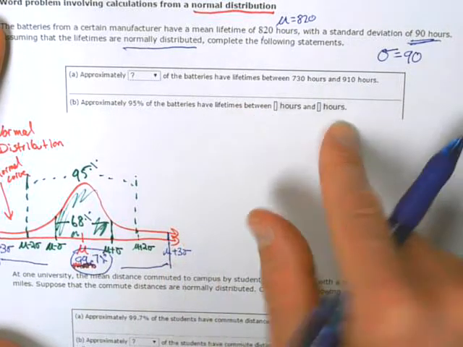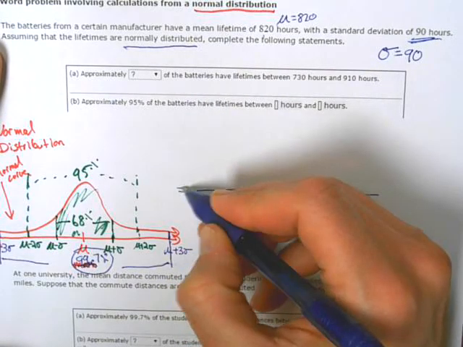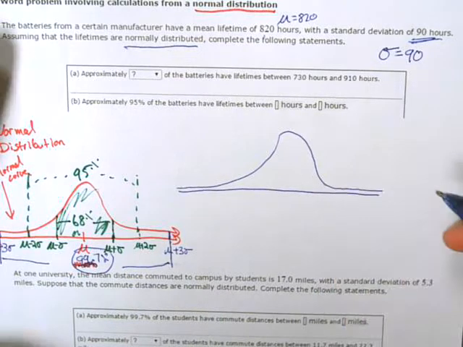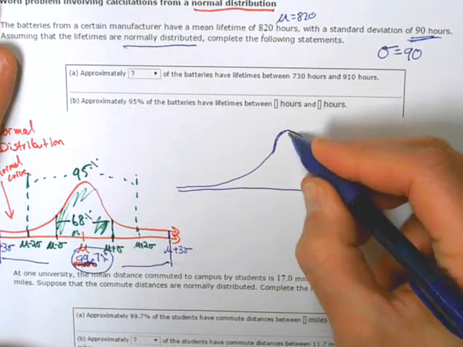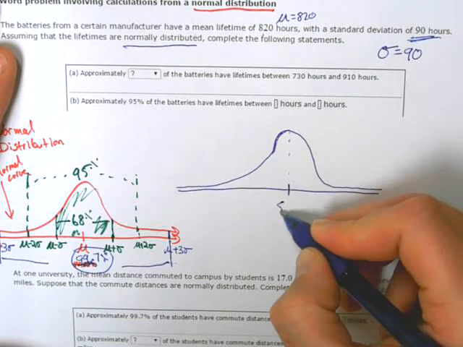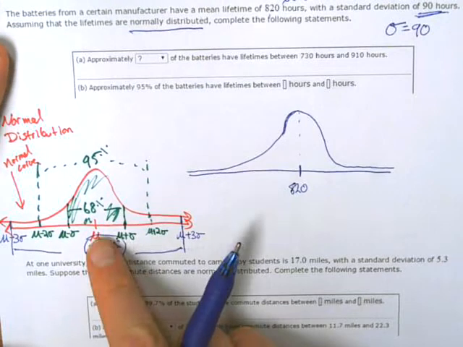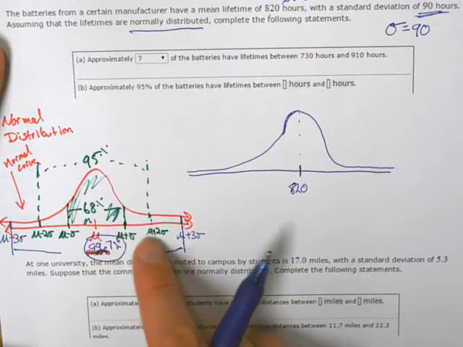between blank and blank. Both questions are going to be answered by simply drawing the bell-shaped curve, or the normal curve. Now, right smack dab in the middle is our mean, which is 820. Now remember, from the mean, we're going to add a standard deviation to the right and add another and add another.